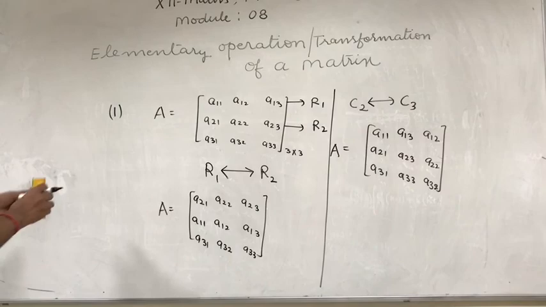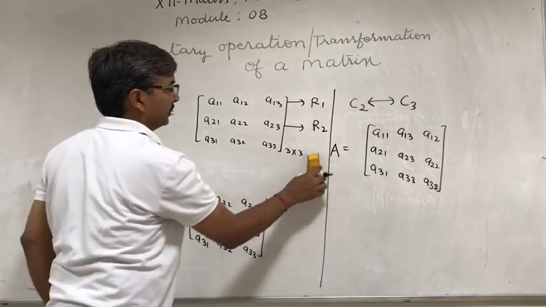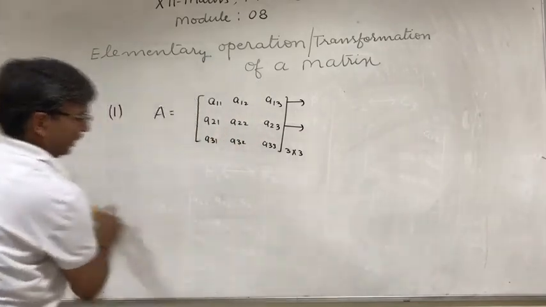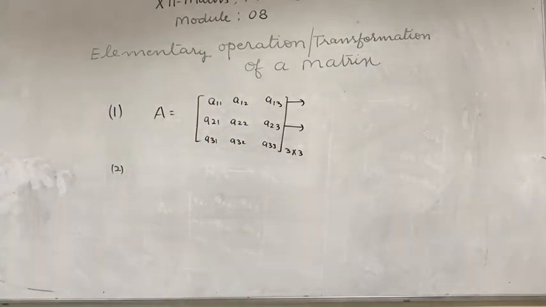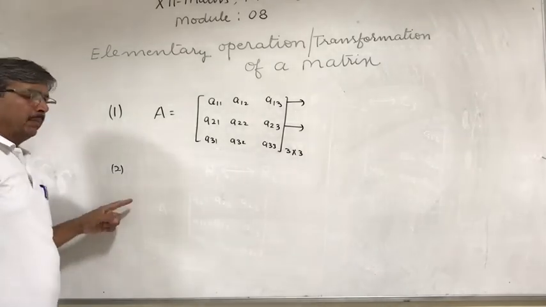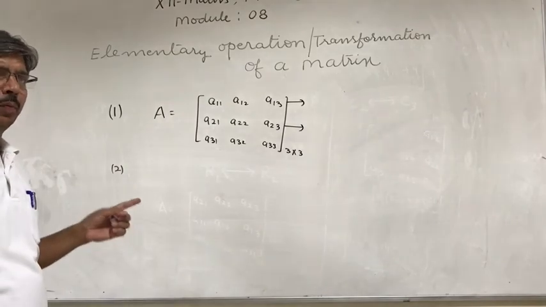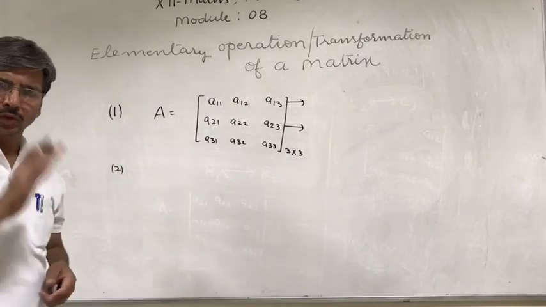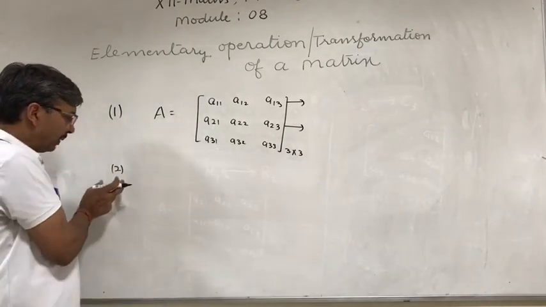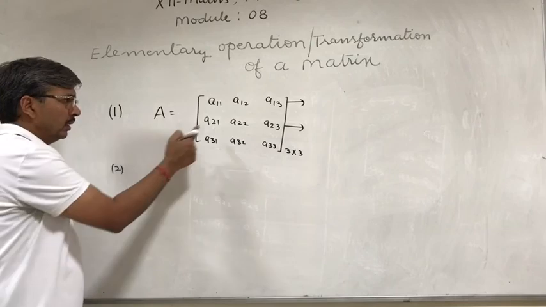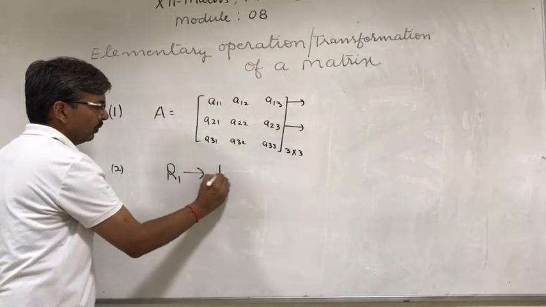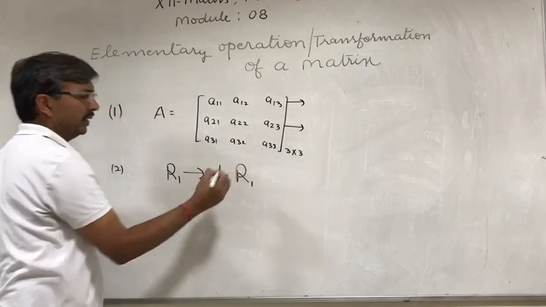Second operation is multiplication of an element by one row or one column. If we want to apply this second operation in R1, R1 change to 1/7 R1 like this.